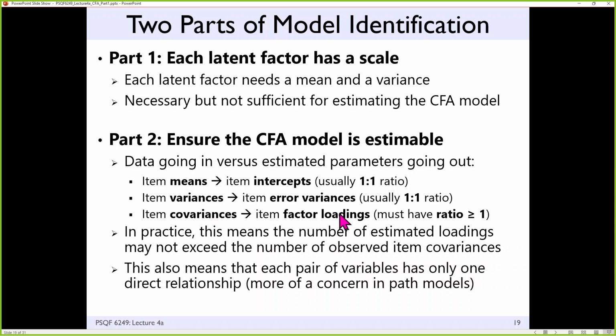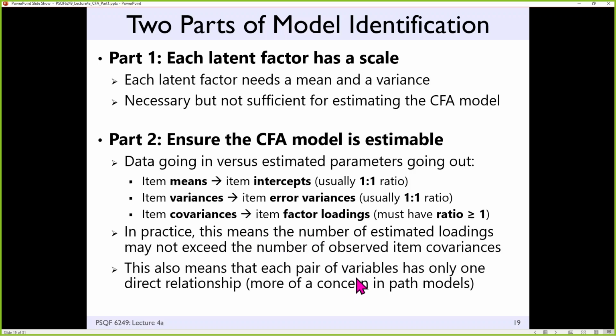This is what you need to pay attention to. You need to have a ratio that is greater than or equal to 1. You have to have fewer factor loadings than covariances in order for the model to be testable. If you have the same number, it's not testable, but it's estimable. So those are the conditions. We will get into each of these.